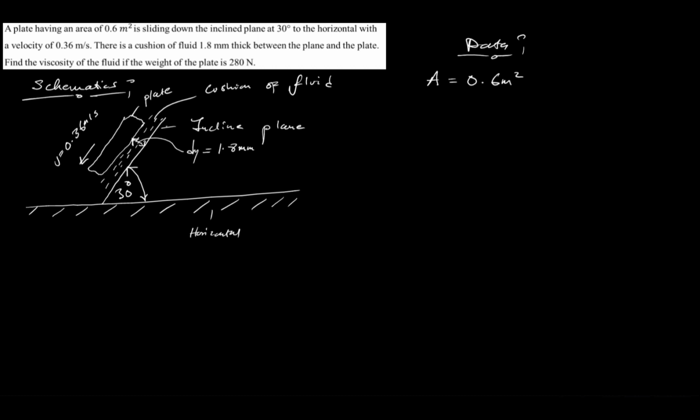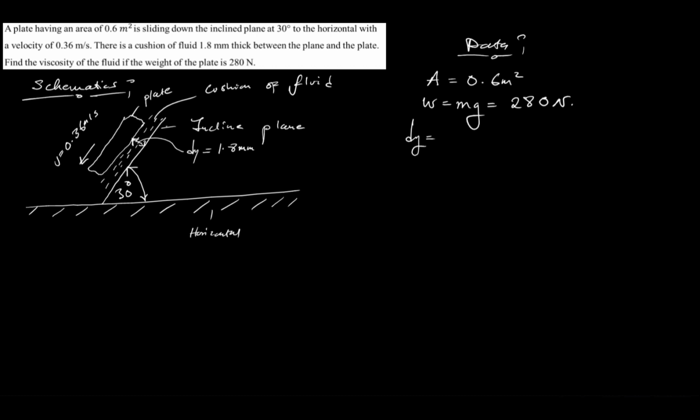We've been told to find the viscosity of the fluid if we've been given the weight. We know weight is equal to mg, and this is 280 newtons. We know the other data we can create is dy, which has been given in the question. We know dy is the change in depth, which is the thickness.